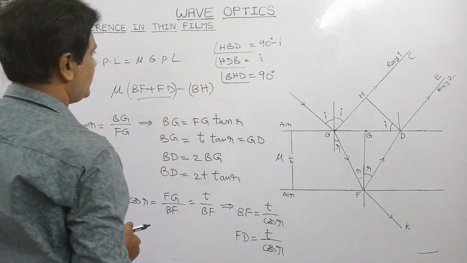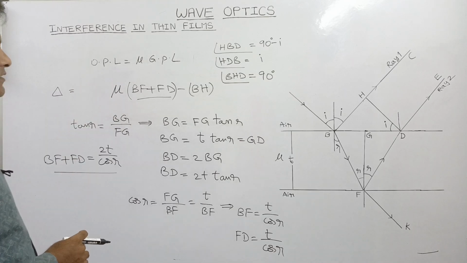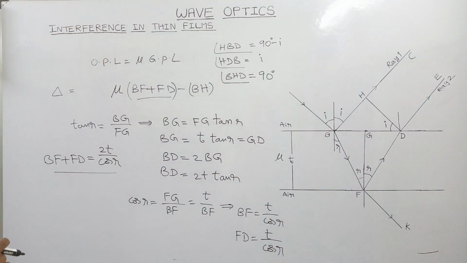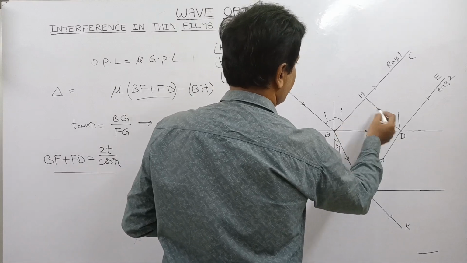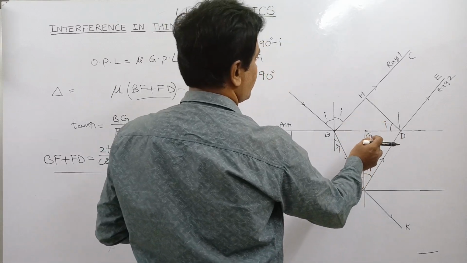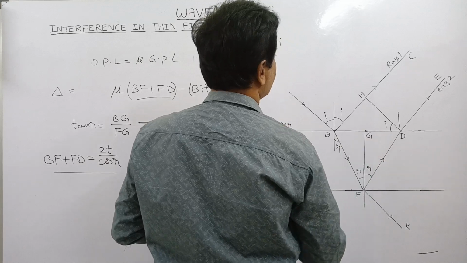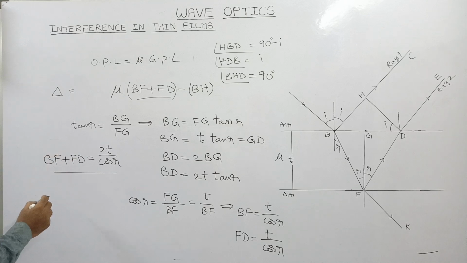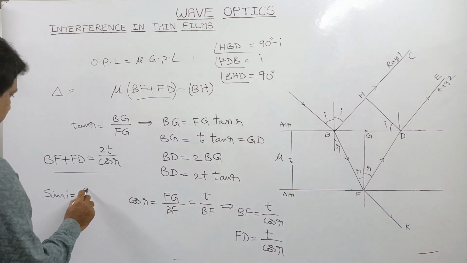If I can get the BH value, I will get the optical path difference, and then we can proceed to calculate the maxima and minima. So how to get BH? If you observe this triangle BHD, sin i is equal to opposite side by hypotenuse. So from triangle BHD, sin i is equal to BH by BD.